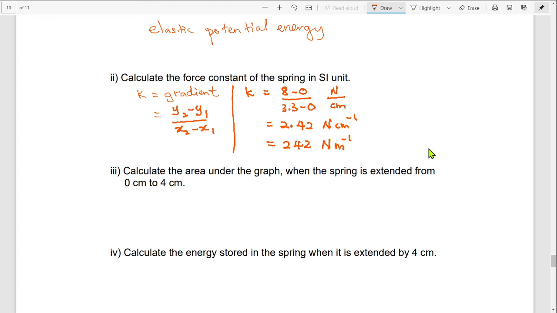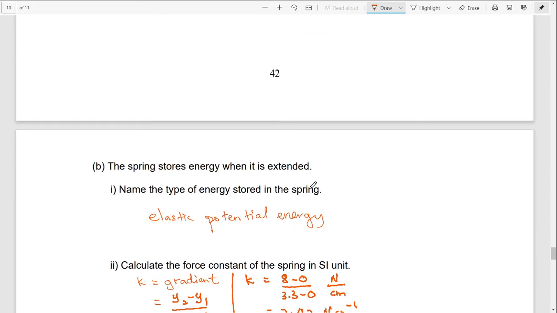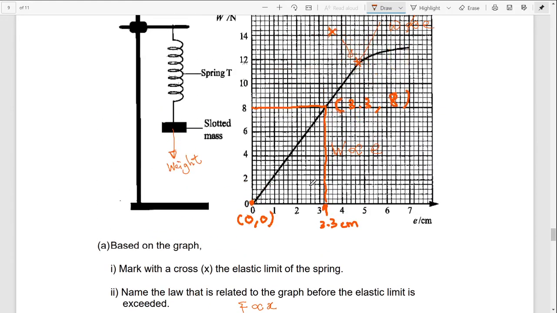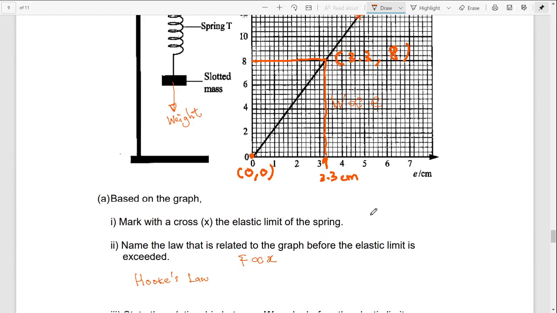Now 3. Calculate the area under the graph when the spring is extended from 0 to 4. So we are talking about from here to here. So again, I have to read my graph.